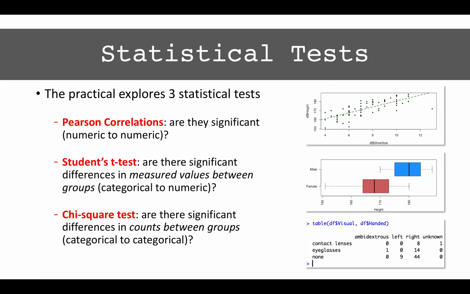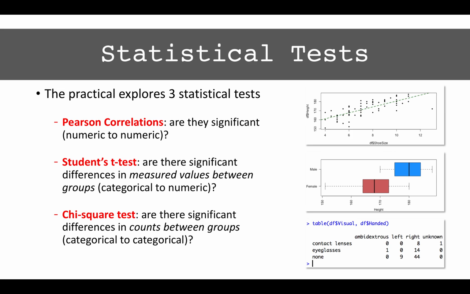So this part of the practical and the lecture explores 3 statistical tests. We use Pearson correlations to determine whether correlations are significant for pairs of numeric variables. We use student t-tests to determine whether there are significant differences in values across groups.